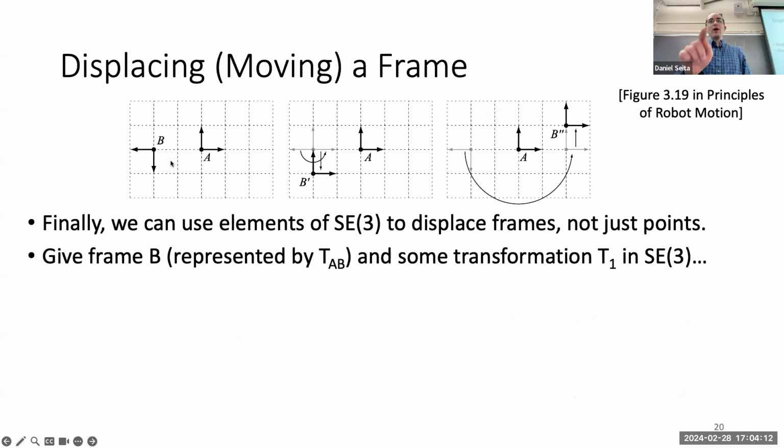For this, I wanted to be a little bit careful and make sure I describe this correctly, because it's very easy to make a mistake with the coordinate transformation. So, if you're given frame B and some other transformation, we call it T1, it's not relative to any frame for now, it's just some transformation.